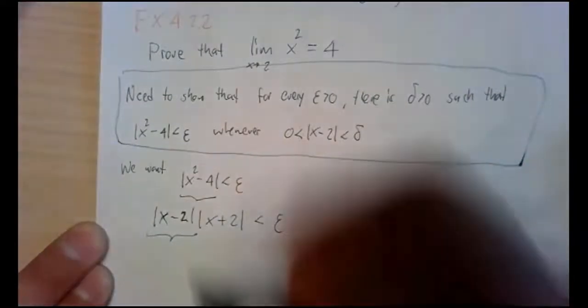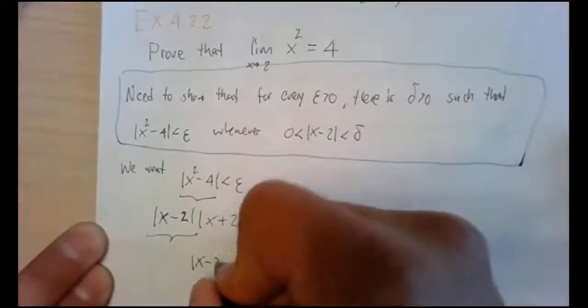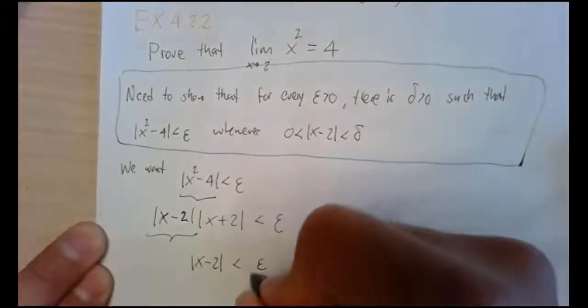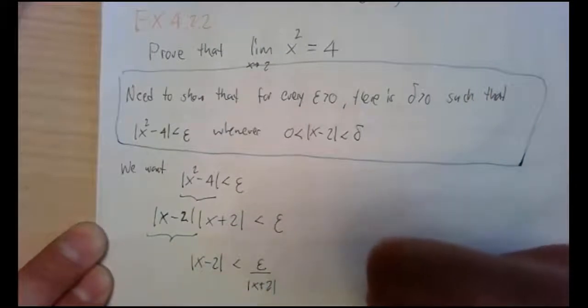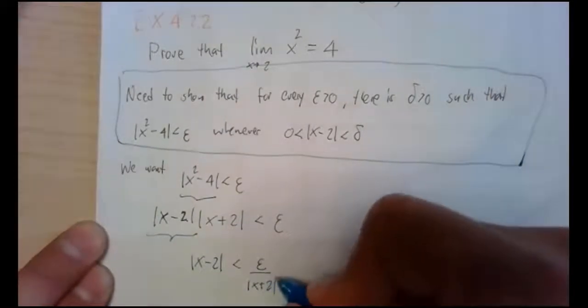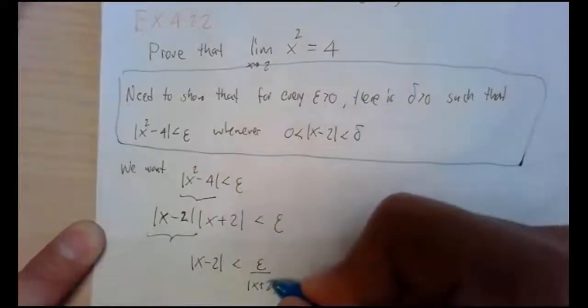So here you would like to do something like this. You would like to write this is the same as this, and maybe pick delta this. But that's not right because delta cannot depend on x, right? Delta can depend on epsilon, but not on x.